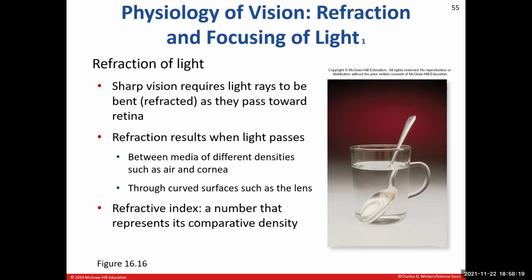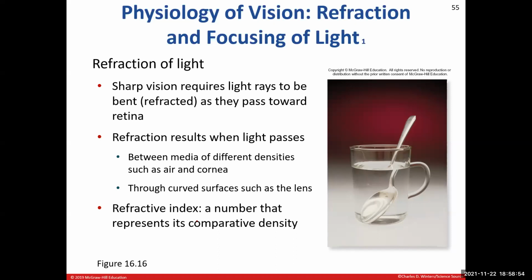When you look at this picture of the spoon in the glass mug with the water, you'll notice the spoon is in one position where it's present in just the air, but then you look below that in the water, and the spoon is in a different position. That is showing us what happens to light rays as they pass through different media. Remember the 3 phases of matter? You've got air, liquid, and solid.